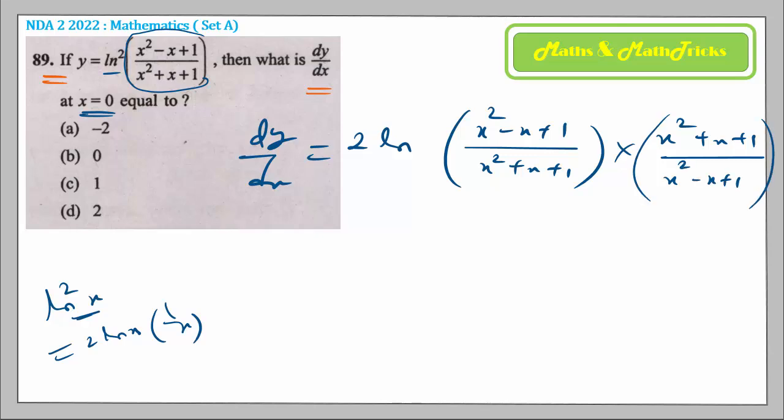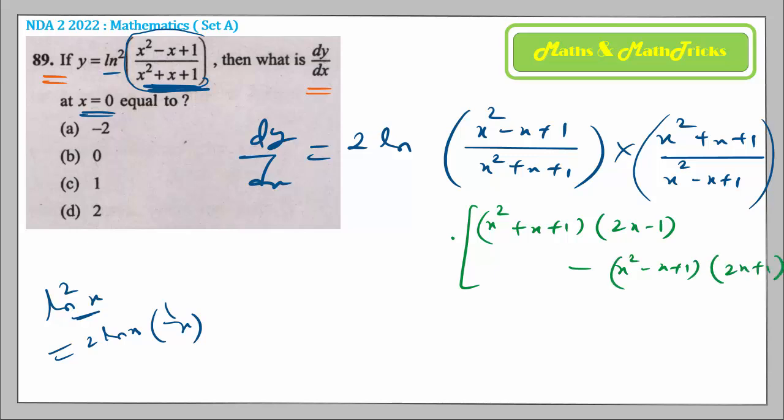This is again a function, so use the u by v rule, multiplied in the bracket: x square plus x plus 1 into the numerator derivative 2x minus 1, then minus x square minus x plus 1 into the derivative of the denominator 2x plus 1, the whole divided by x square plus x plus 1 the whole square.